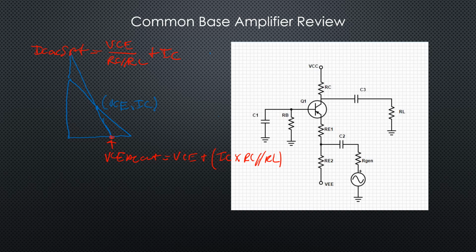Now with this information, we can figure out what our V out max peak is. What you want to look for is which side is bigger. Our AC is going to operate around the Q point right here, and we want to find out which side clips off or cuts off first. So we know that it's going to be the smaller of the two.